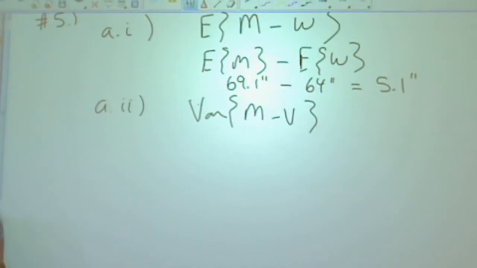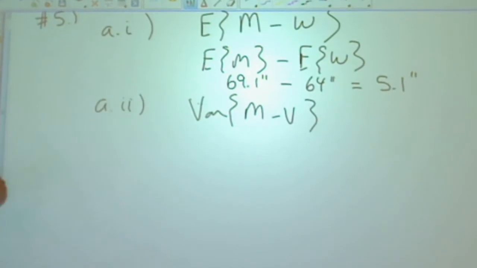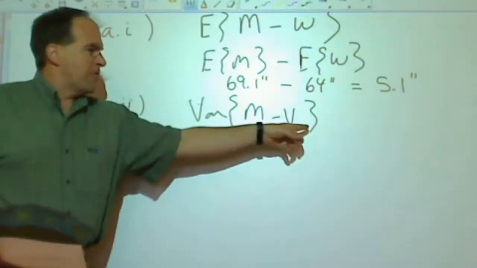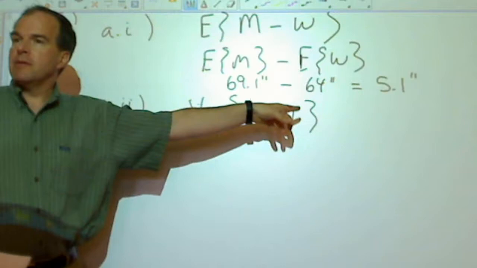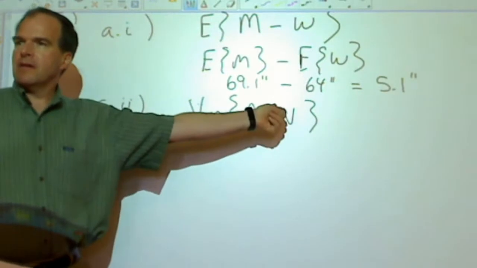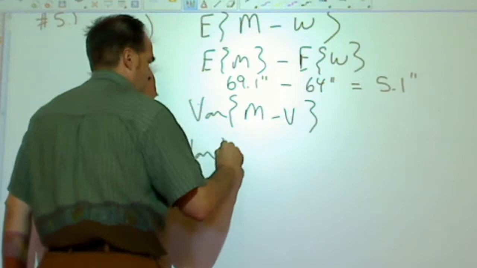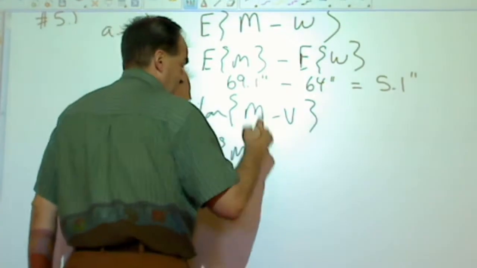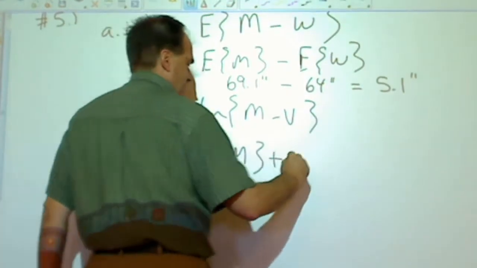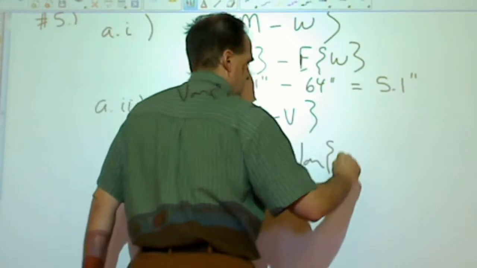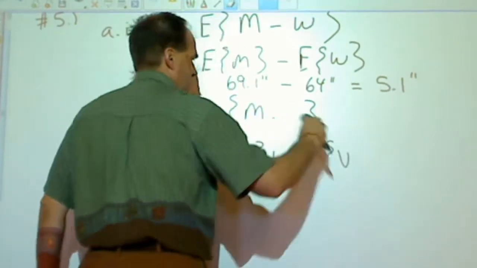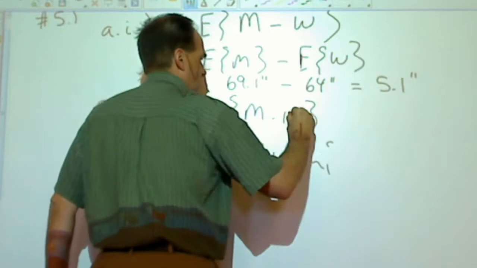So then, now I want the standard deviation of that difference. Okay, variance. When I subtract two random variables, what's the variation? The variance is add. So variance of men plus variance of women. I realize I ultimately want standard deviation, but I have to go through variance to get it.